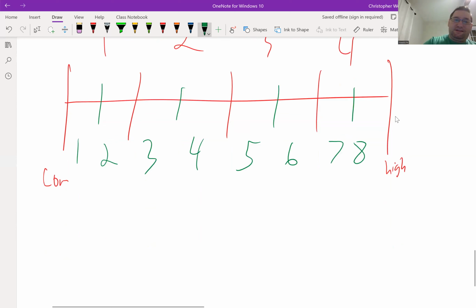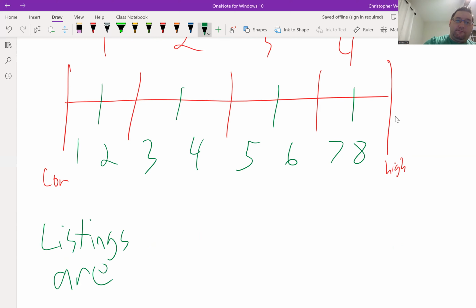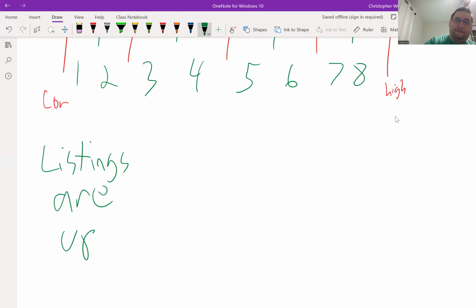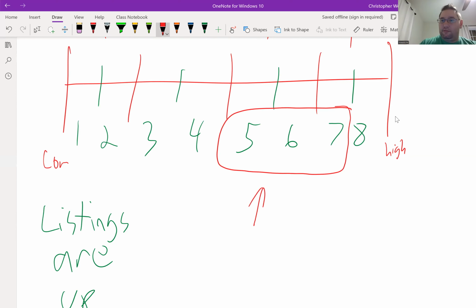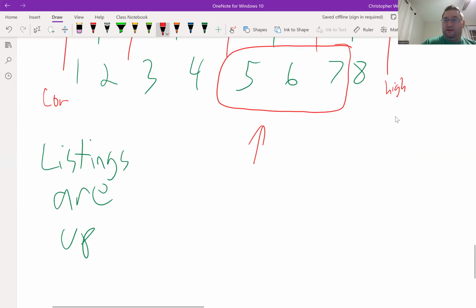And when they say listings are up, right? My guess is listings are up right here and here. You are going to see a surge in listings here. Why? 2 reasons.